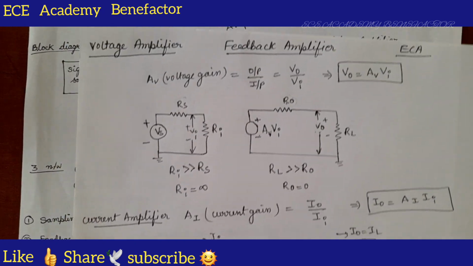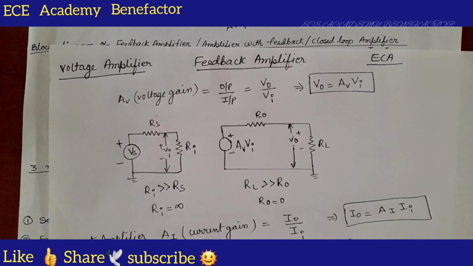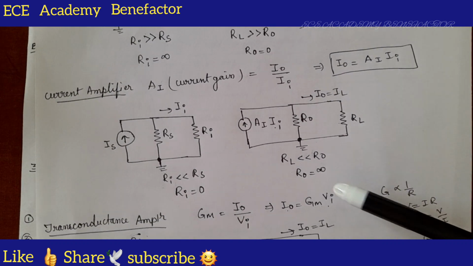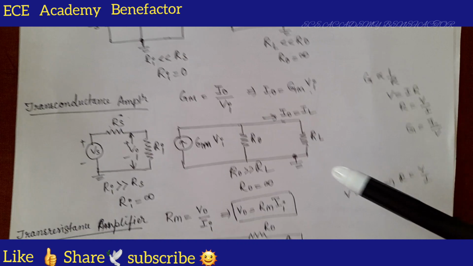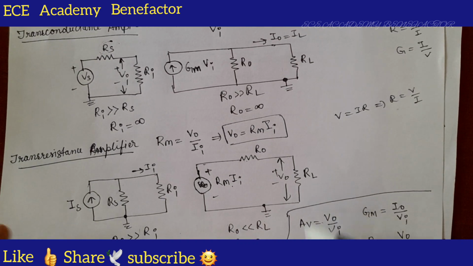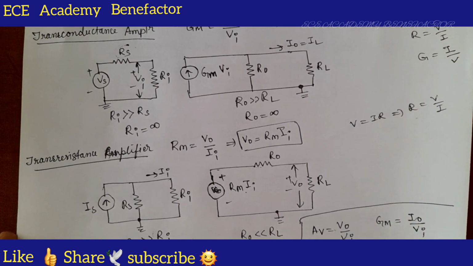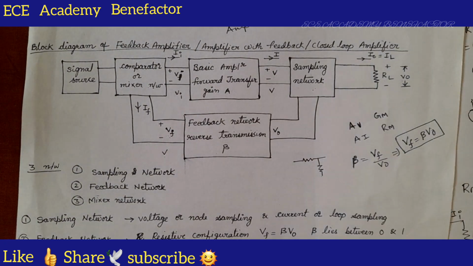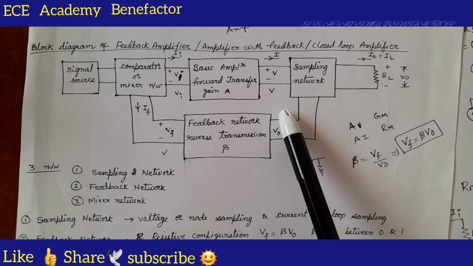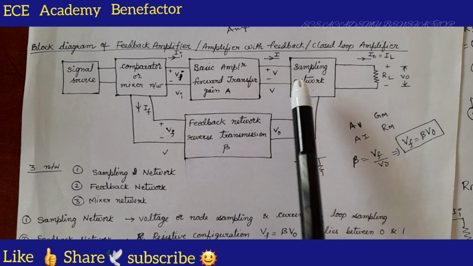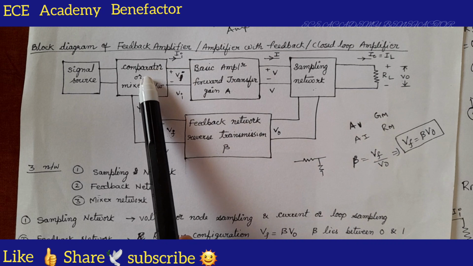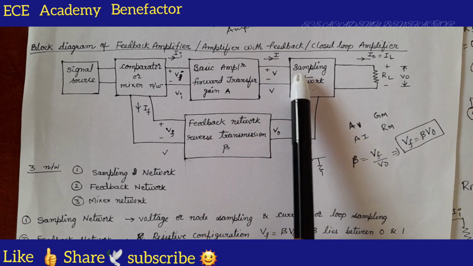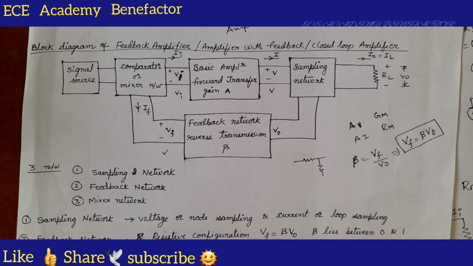These are the schematic diagrams of voltage amplifier, current amplifier, trans conductance amplifier, and trans resistance amplifier. What we are going to deal with in this class is the sampling network and the mixer network. Sampling network is at the output of the gain amplifier, and mixer is at the input of the amplifier.